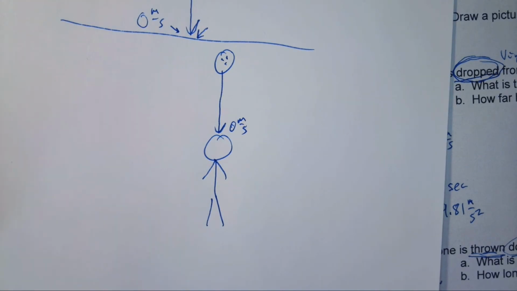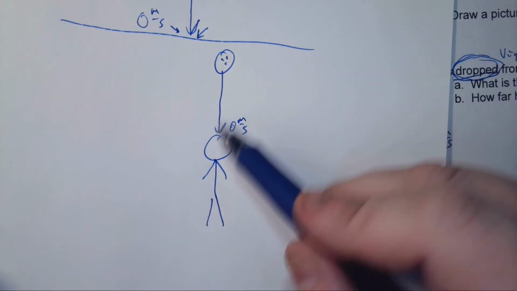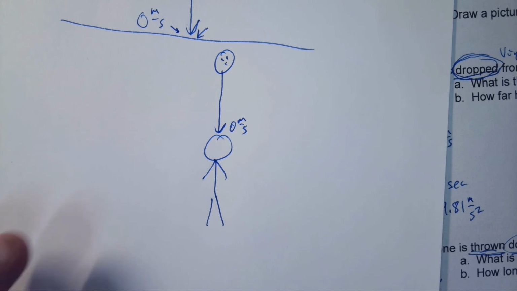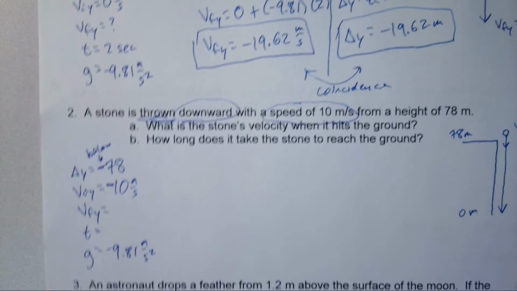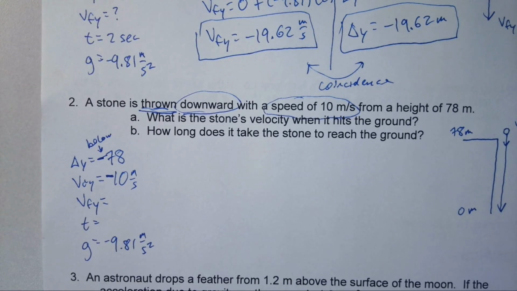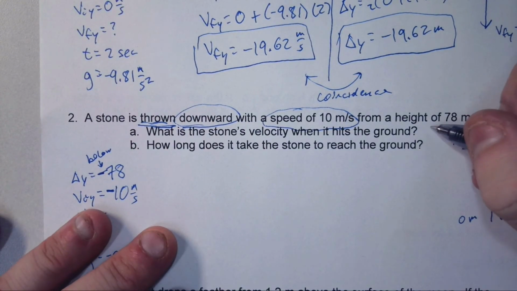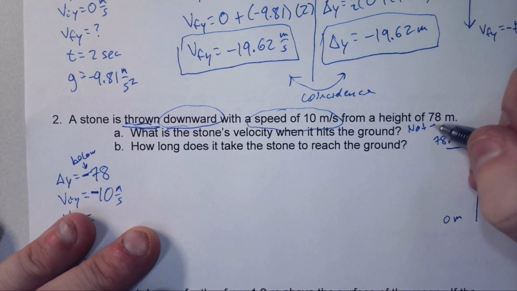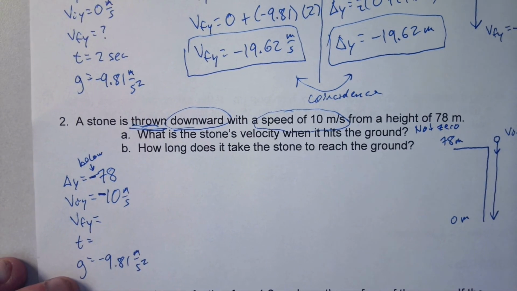Now obviously that doesn't make sense. The bowling ball is clearly going to make some kind of impact on your head, and so that's one of the kind of analogy reasons of why it's not 0. It is still moving. That's why things make dents into the ground, they are moving. So we have to realize that this is not 0 meters per second here. It is going to have some value.